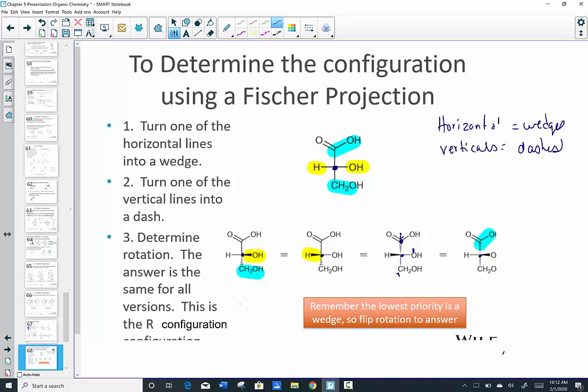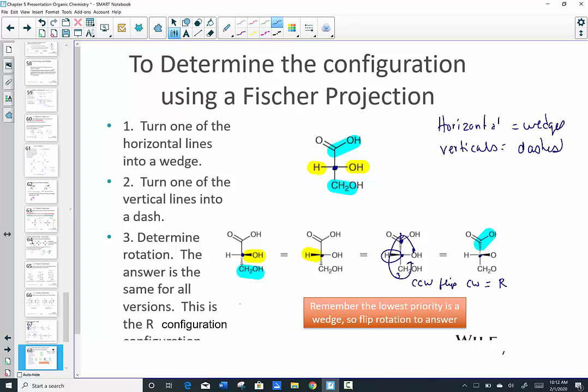Priority 3 is going to be the carbon attached to more hydrogen. And when I spin this direction, we get a clockwise spin. Nope, that's a counterclockwise spin. But remember, the hydrogen is a wedge. So that means we flip our answer, walk around the other side, flip the answer, and you get a clockwise spin. This is an R configuration.